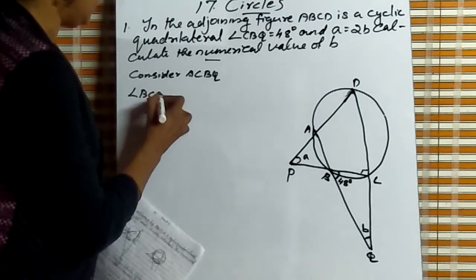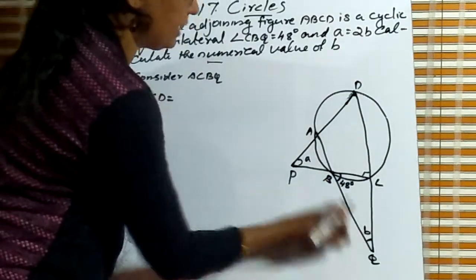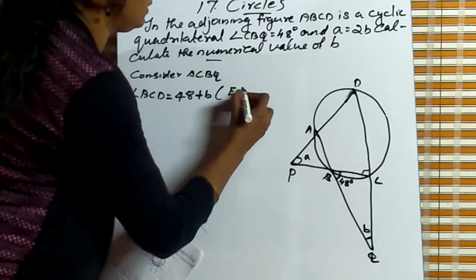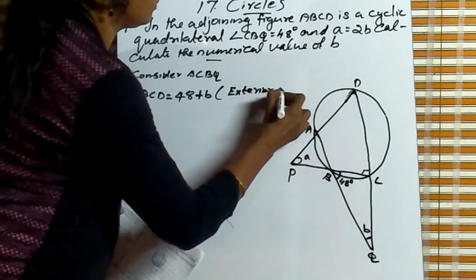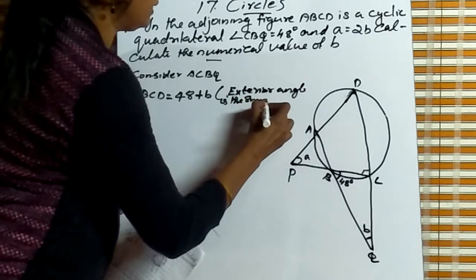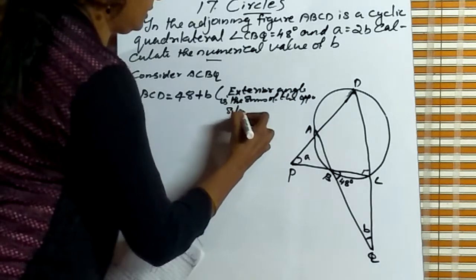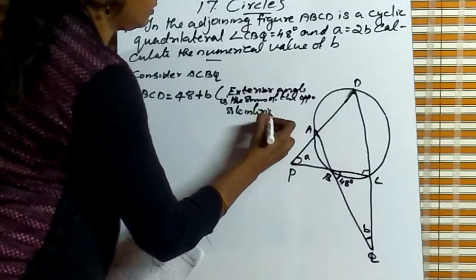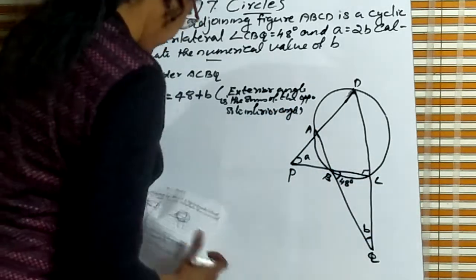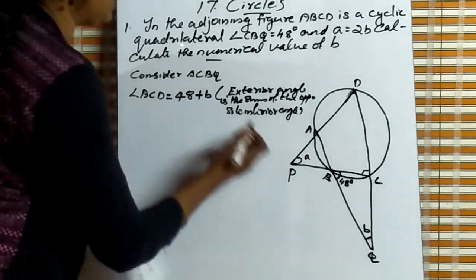Angle BCD is equal to the sum of the interior angles, 48 plus B. Exterior angle is the sum of the opposite interior angles. So this angle is equal to 48 plus B. Angle BCD is equal to 48 plus B.